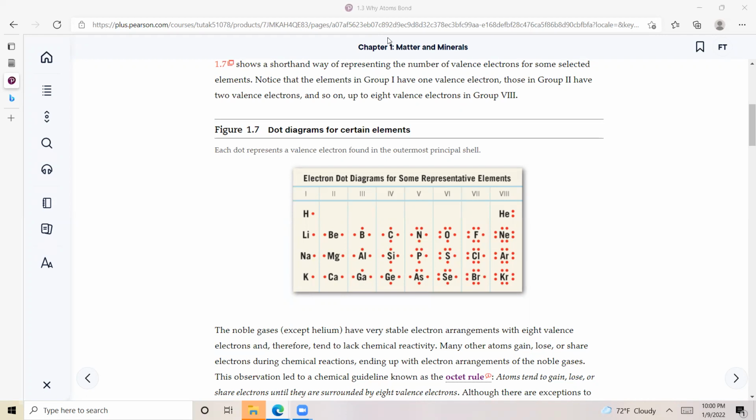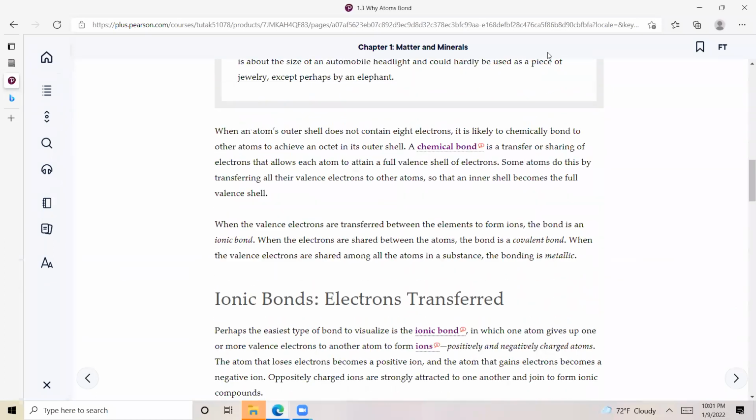Hydrogen, lithium, sodium, potassium. Here they have only one electron. For that reason, I'll talk about the sodium example because it gives you a more detailed picture.